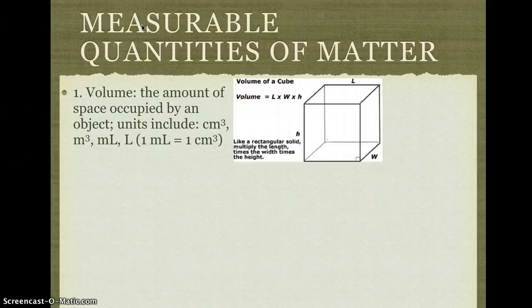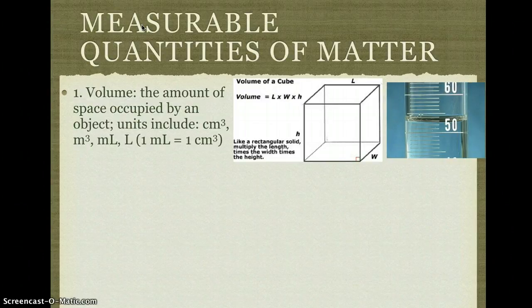However, if we're not measuring something solid, or something that fits in a container like a solid would, or possibly a gas, we might be looking at liquids. And hopefully you recall that we measure liquids using a graduated cylinder. And this would be measured in milliliters. If you have 1,000 milliliters, you would have 1 liter.